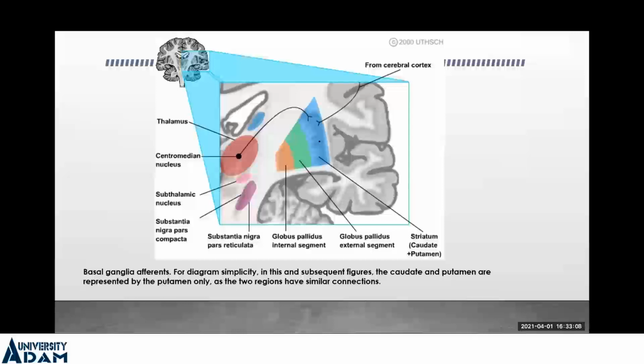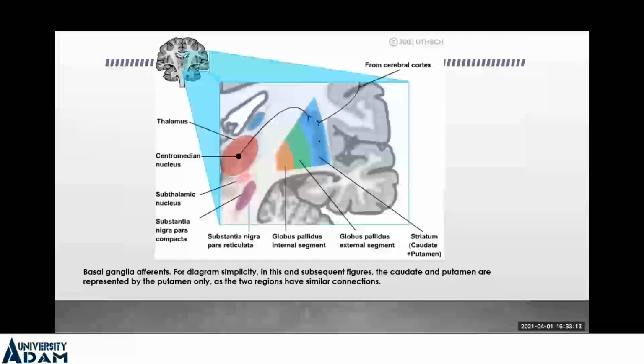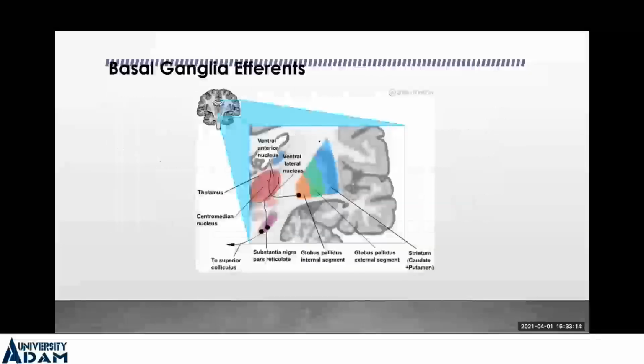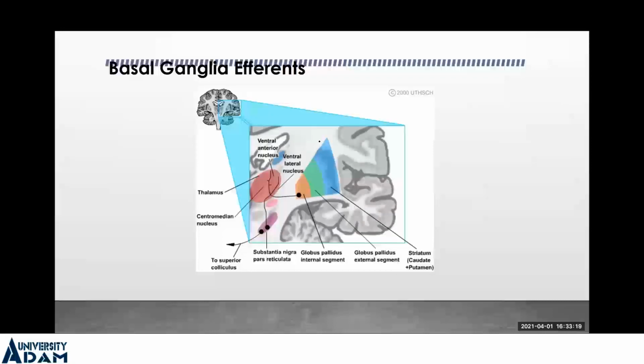Okay. And guys, now the basal ganglia efferents, okay?